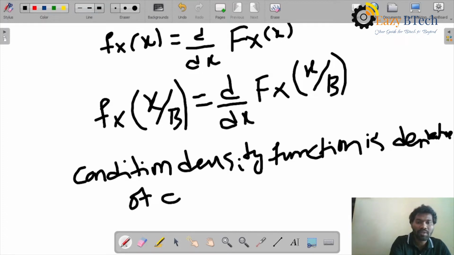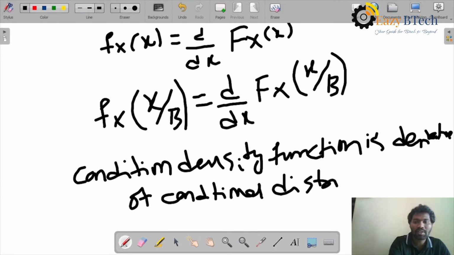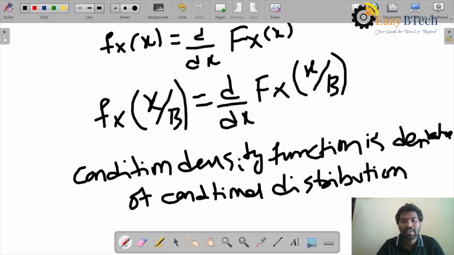So this is the definition of the conditional density function. If ever in the exams they ask you to write about the conditional density function, that means we have to write this definition.